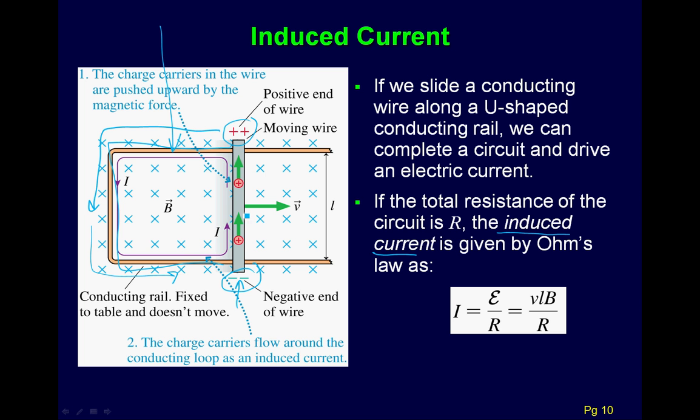Because I'm moving this bar in a magnetic field, the charges separate, and then they'll actually have a current flow. And if you go back to Ohm's law, current equals our voltage, which is the EMF in this case, divided by the resistance. So if my little setup here has a resistance of R, then this will be my current: VLB divided by R.